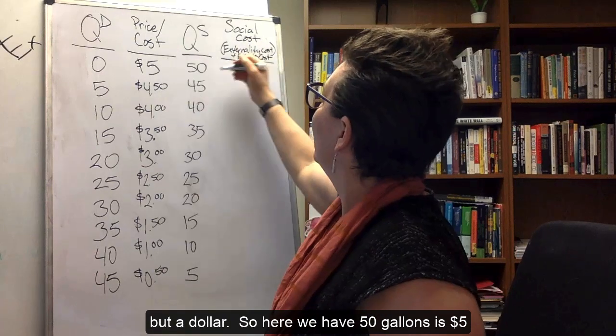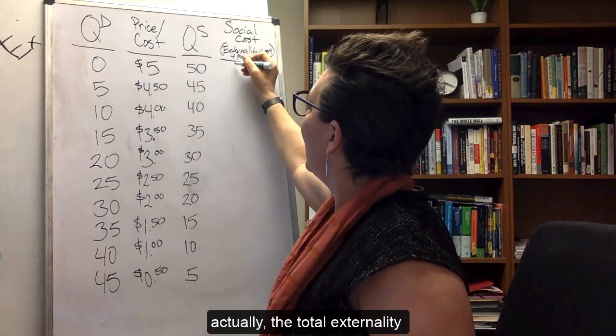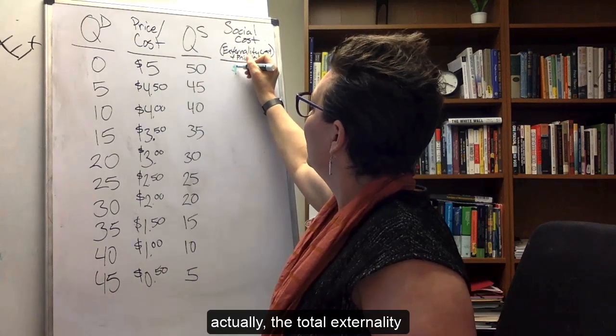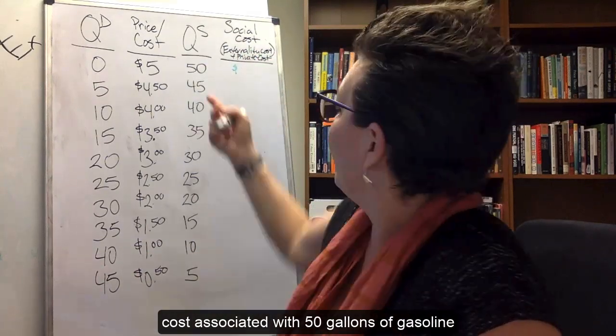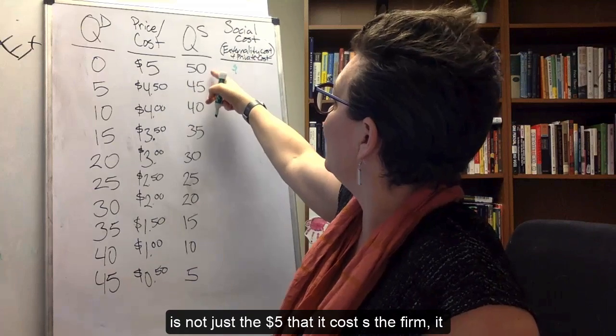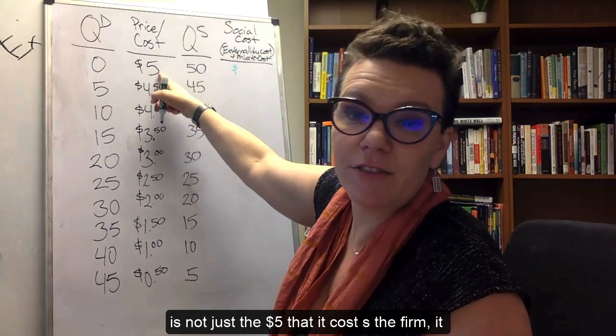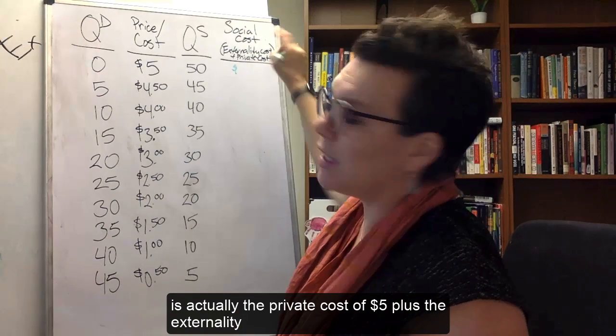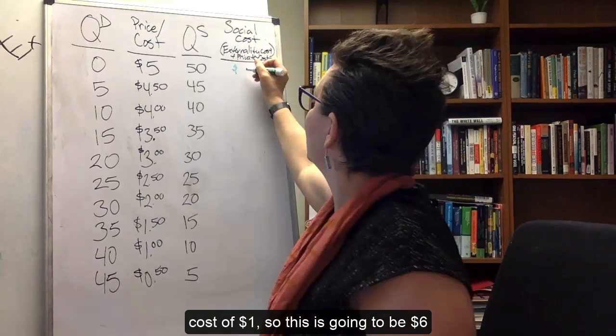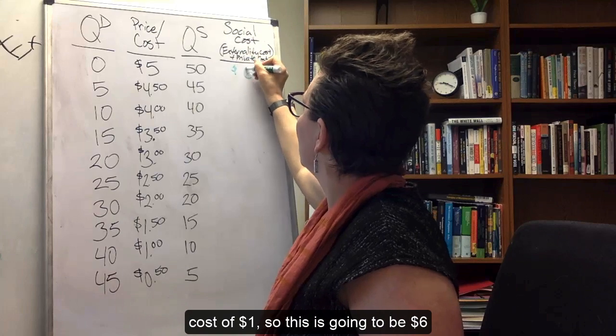So here we have 50 gallons is $5. Actually, the total cost associated with 50 gallons of gasoline is not just the $5 that it costs the firm, it's actually the private cost of $5 plus the externality cost of $1. So this is going to be $6.